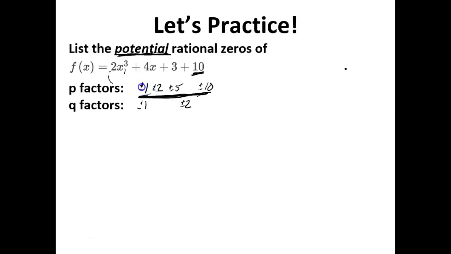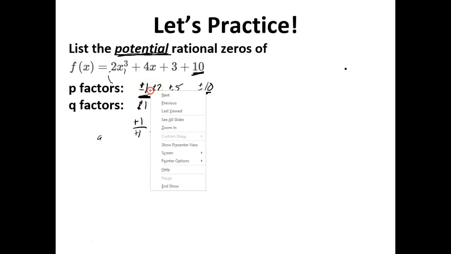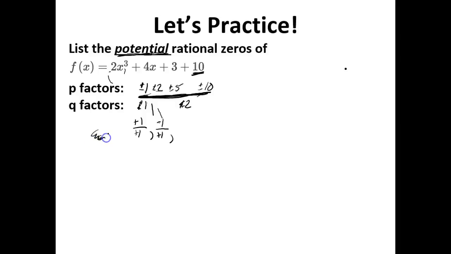So if I start with the plus 1, we can do plus 1 over the plus 1, or I could use minus 1 over plus 1, or if I use minus 1 over minus 1, we're going to get this right here. So as I'm doing this, so I don't end up with so many repeats, I'm not going to worry about plus or minus on the bottom. The plus or minus on the top will take care of the possibilities.